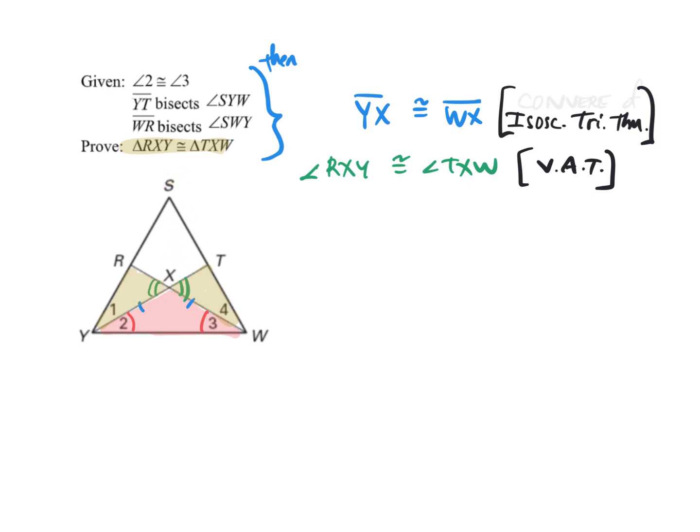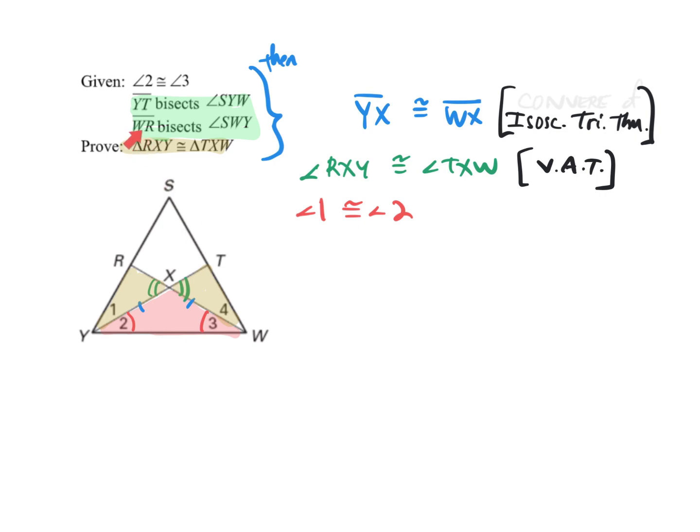What else can we get? Remember, you always ask yourself, have I used the given yet? And we have not used this given yet, so let's use that given now. If segment YT, which is this one, is bisecting angle SYW, that's this one, that means angle 1 and 2 have to be congruent.